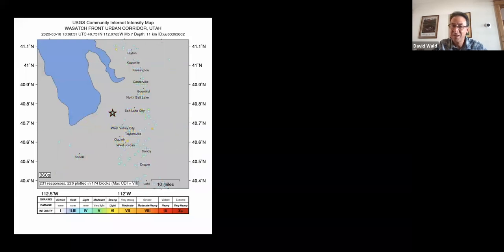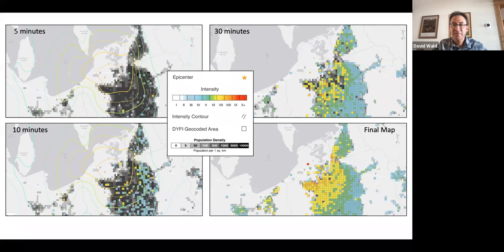People that shook harder aren't responding as quickly. And in this case, they actually lost power in the epicentral region for some time. So if you look at the responses over time, you can see that we have this kind of donut hole where the strongest shaking was, and that remains until much later when we start to fill in that gap.